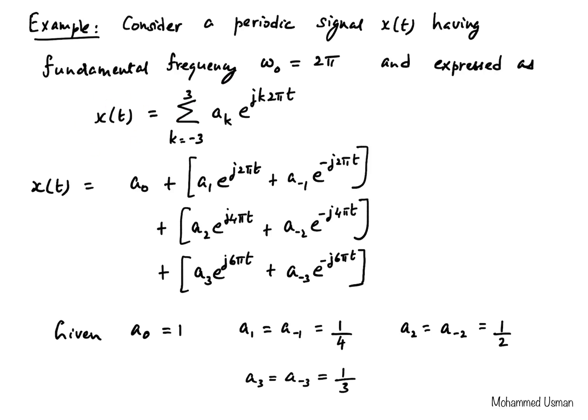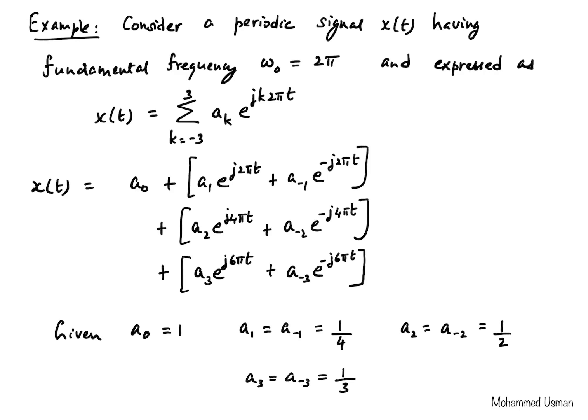Now, in this particular example, the values of ak, that is a0, a1, a2, a3, have been provided to us. Normally when we are doing the Fourier analysis, we have to compute these values, and how to compute them we will talk about later, towards the latter part of today's lecture.